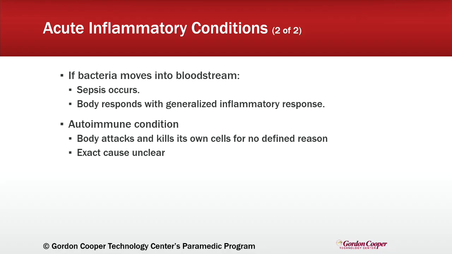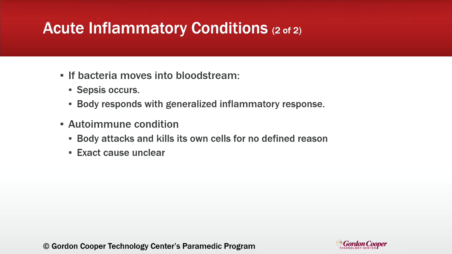On the other hand, there are some autoimmune diseases that can occur within the body when the body mistakenly attacks its own cells, thinking that they don't belong. It's still a part of the immune response, but it's a different mechanism. Basically, the white blood cells, the protective cells of the body, see cells that are supposed to be there.